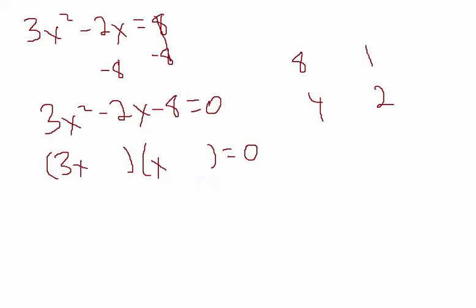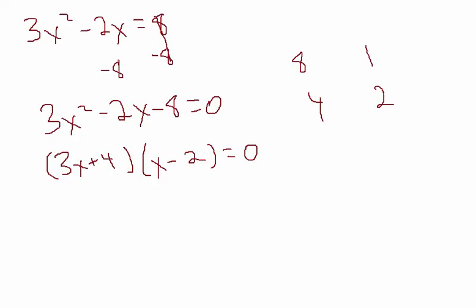They multiply up to negative 8, because 4 times negative 2 is negative 8. And they add up to negative 2, because negative 2 times 3 is negative 6, and the positive 4 adds up to negative 2 altogether.